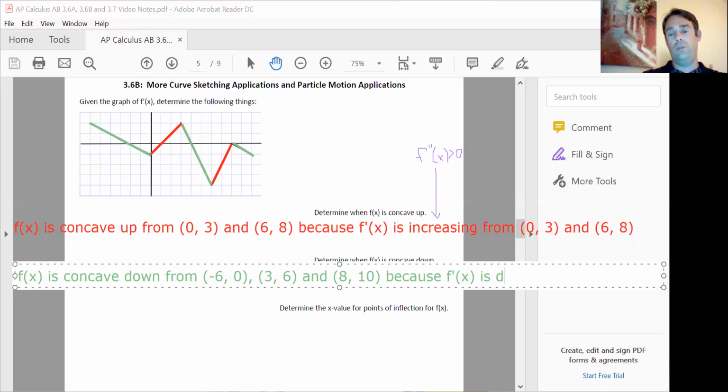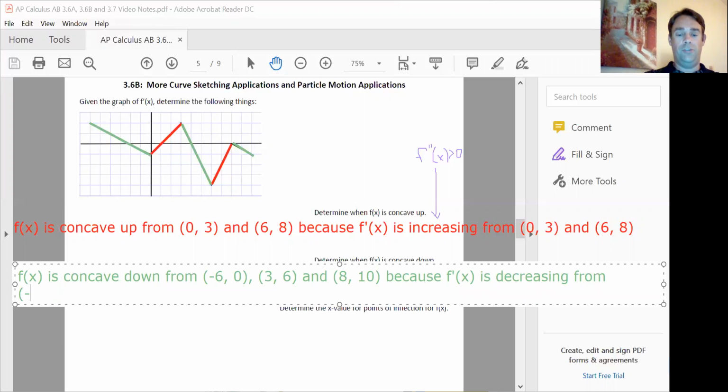That's when our second derivative is a negative value from -6 to 0, 3 to 6, and 8 to 10.